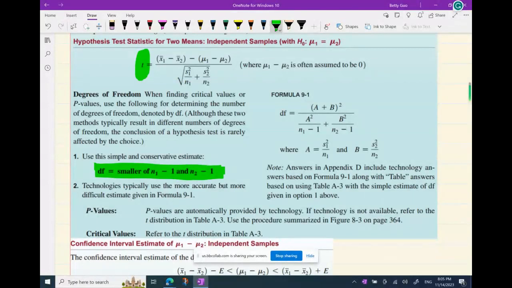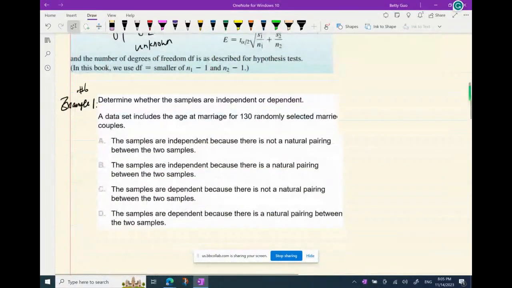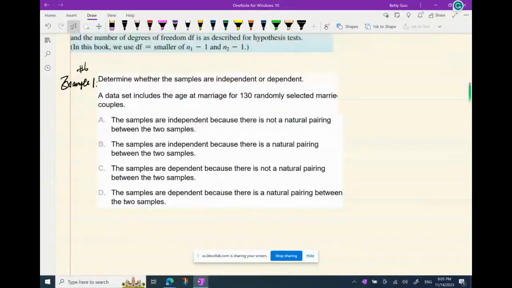The best way to learn this section is to use the technology and look at examples. Let's see the first example. It is about dependent samples or independent samples. Determine whether the samples are independent or dependent. A dataset includes the age and marriage for 130 randomly selected married couples.